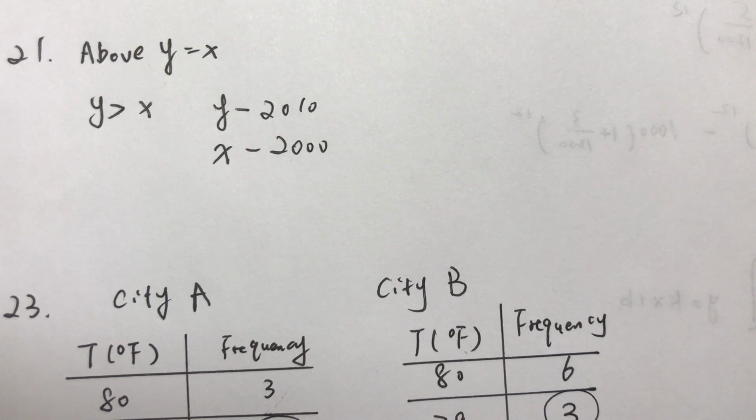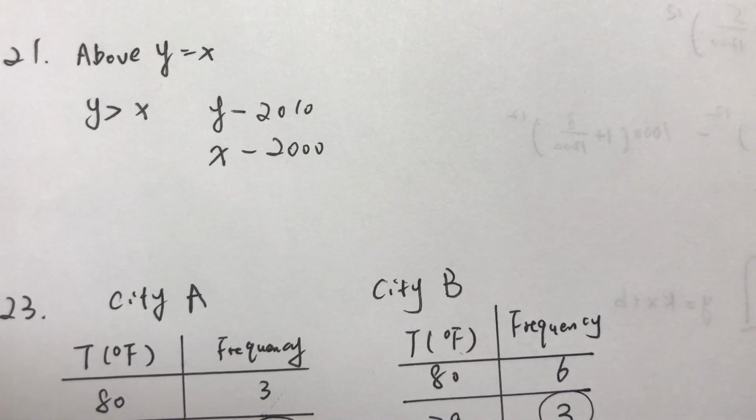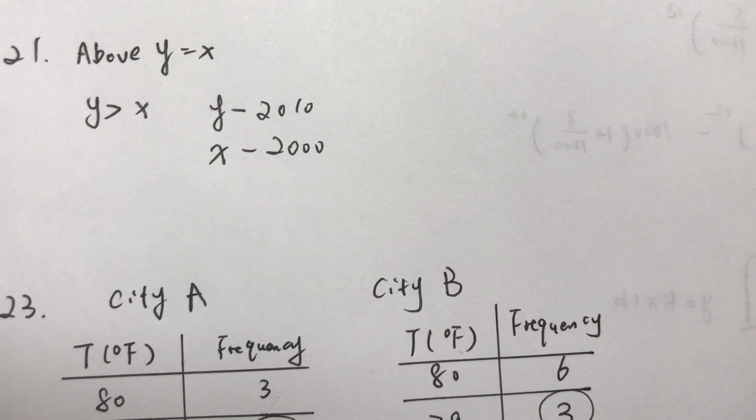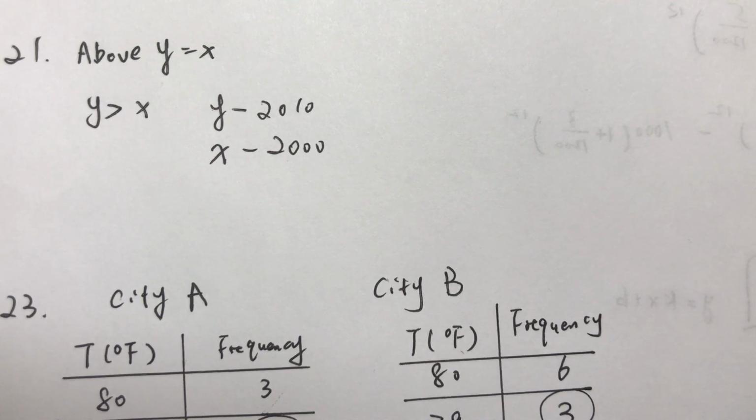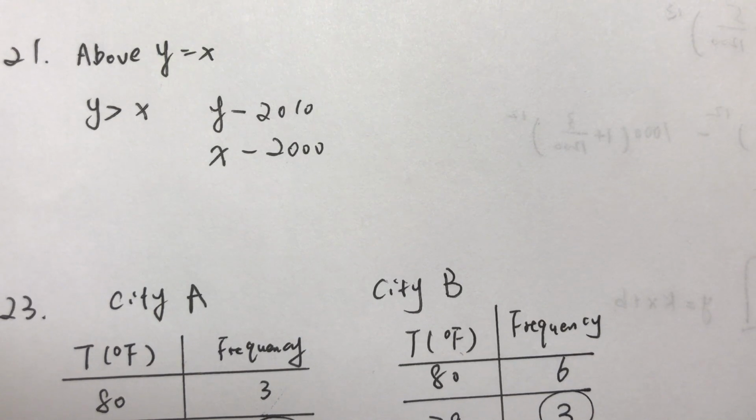For question 21, in a scatter plot of the data, where renewable energy consumption in the year 2000 is plotted along the x-axis, and the renewable energy consumption in the year 2010 is plotted along the y-axis for each of the given energy sources, how many data points would be above the line y equals x?